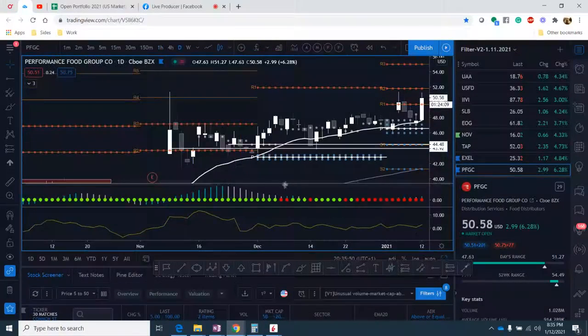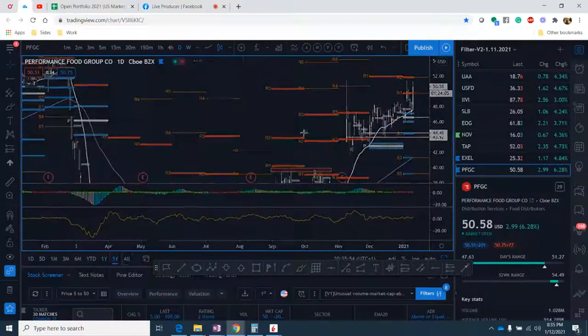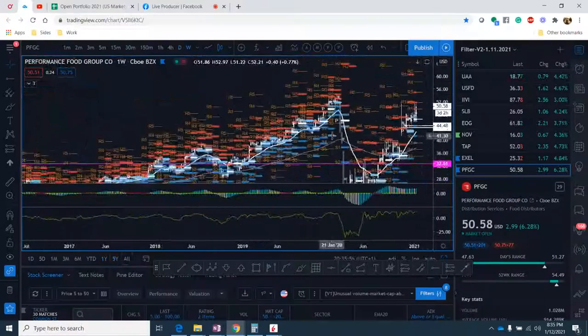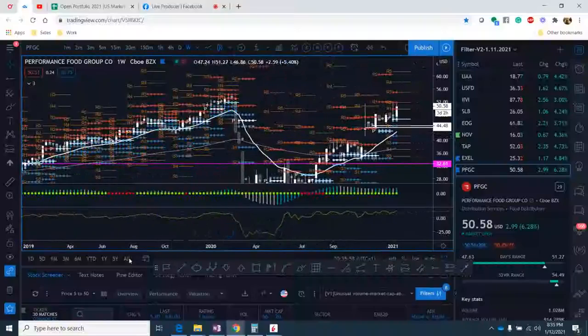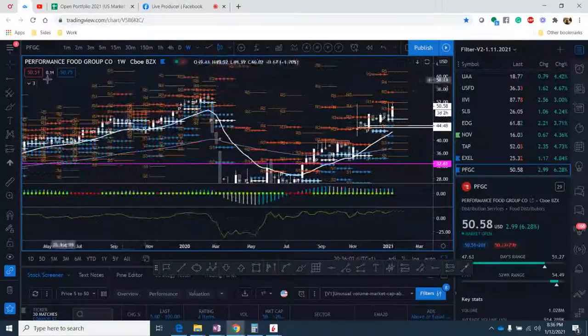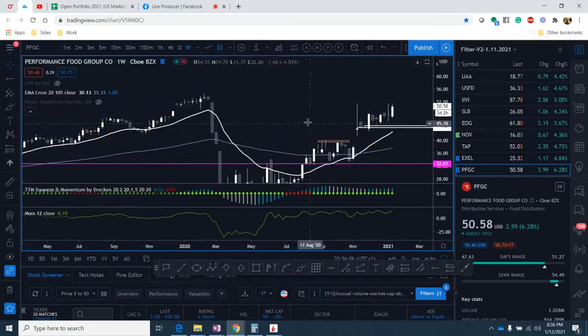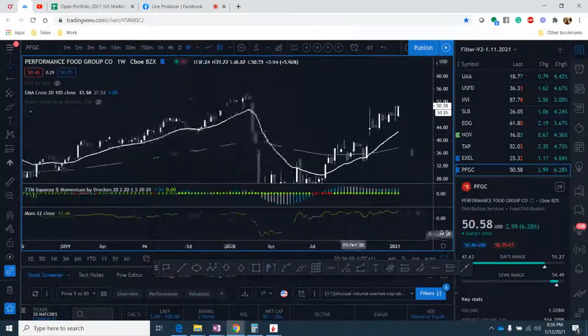Now I'm going to look at the bigger chart. Let's check the monthly, I mean the 5-year. Okay, there are quite a lot of things here.